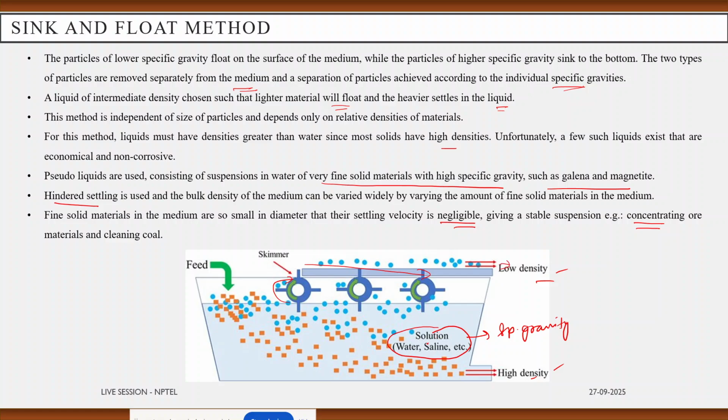The solution can be saline or water with some very fine material, so that the specific gravity is maintained. The specific gravity of the liquid should be in between the specific gravities of those two materials, and the higher density particles will be collected from the bottom end of the system.